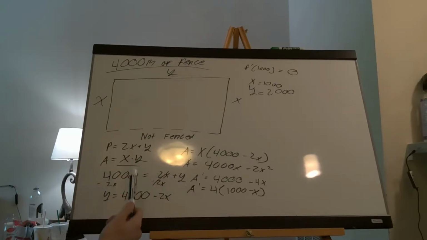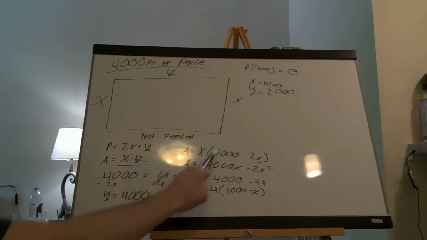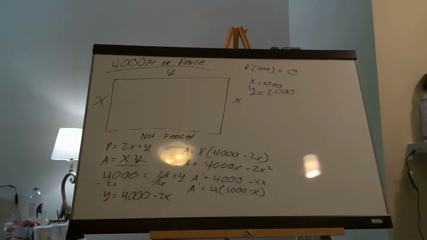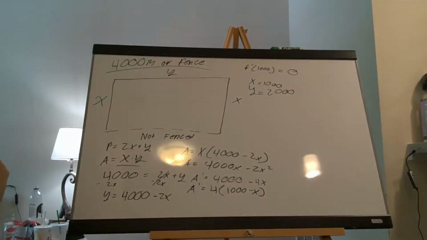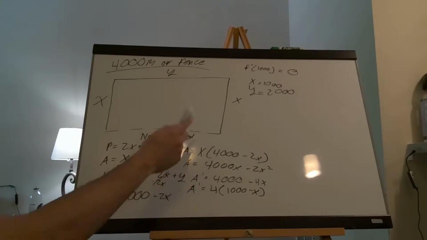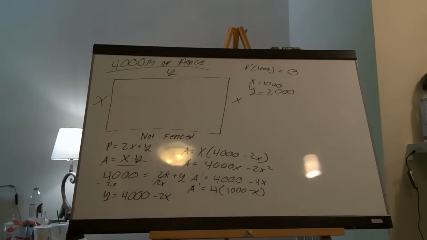I subtract the 2x from both sides, so I got y equals 4,000 minus 2x. I plugged in 4,000 minus 2x for our y variable right over here. And then what I did was I multiplied it out, differentiated it, and that gave me 4,000 minus 4x. I decided to find the critical number, because that is going to be our optimal area. And once I found the critical number for x, I just simply plugged it back into the original expression for the perimeter to find out what I would be using for y.